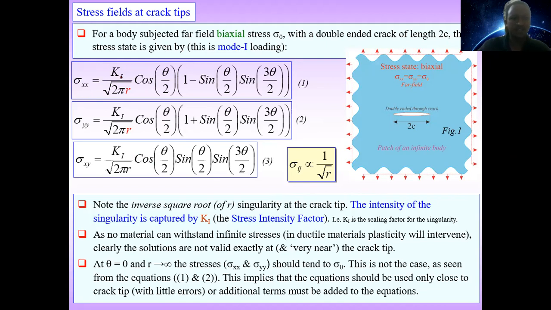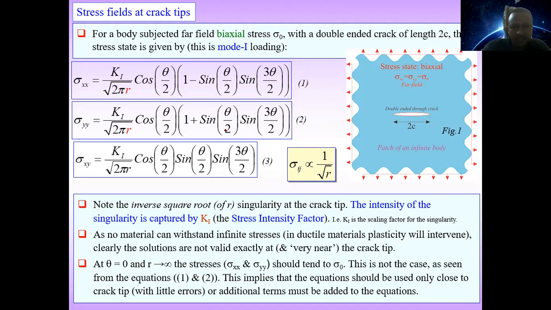Sigma xx is equal to K1 over radical of 2π r, cos theta over 2 times 1 minus sine theta over 2 times sine 3 theta over 2. This is taken as equation number 1.